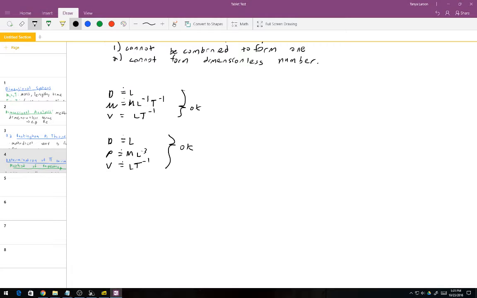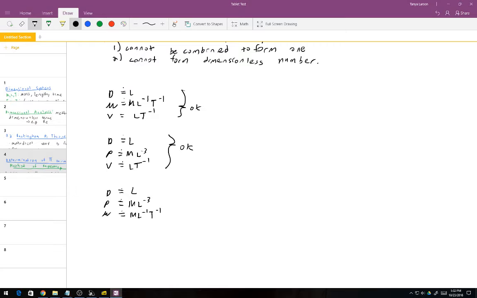Let's see what else we could do. D, rho, and mu would be perhaps one. This one would have dimensions of L, this one would have dimensions of M, L to the negative 3, and mu would have dimensions of M, L to the negative 1, T to the negative 1.